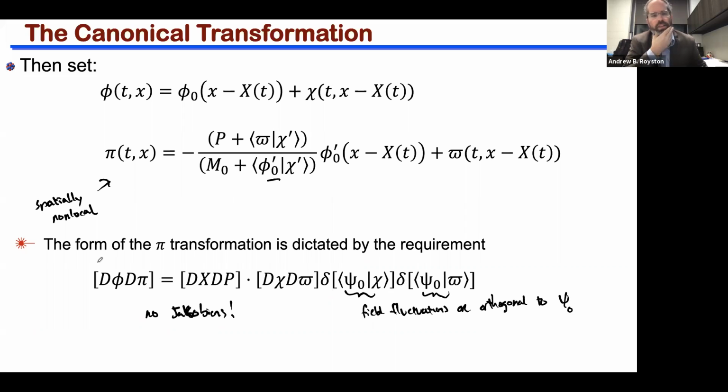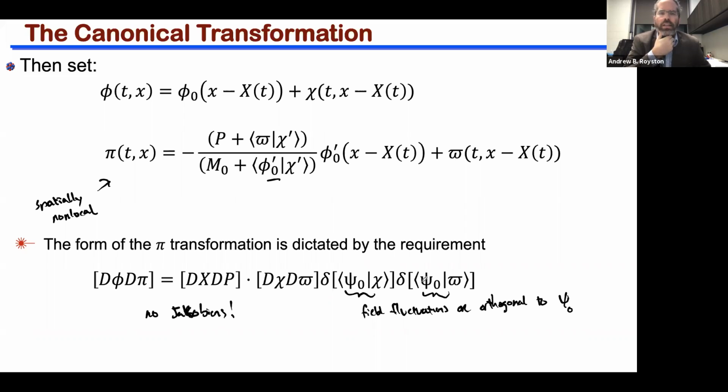So another way to say this is that if you were to compute the Poisson brackets of the original fields, then they'll be satisfied assuming actually Dirac brackets for the new fields, Dirac brackets because we're taking into account the constraints.